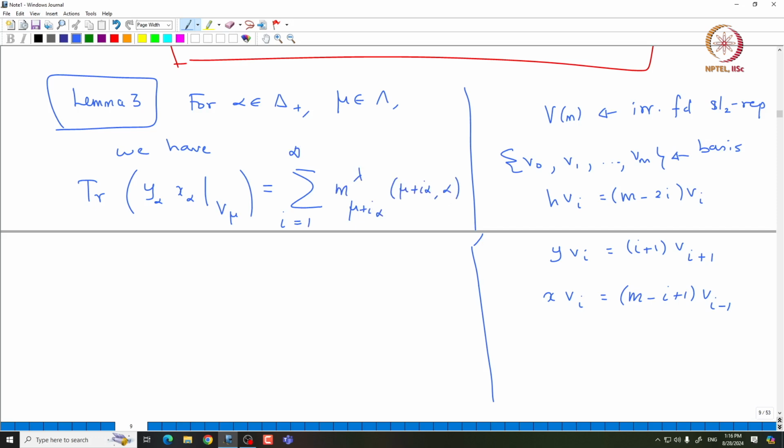So, this is how the trace of y alpha x alpha looks like when you restrict this operator on V mu.